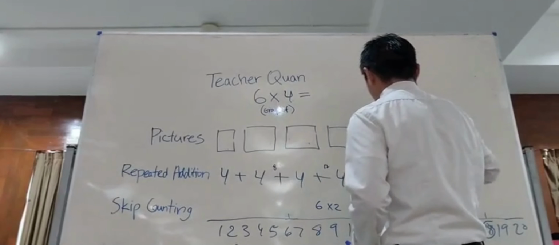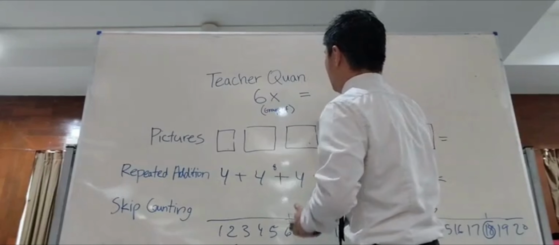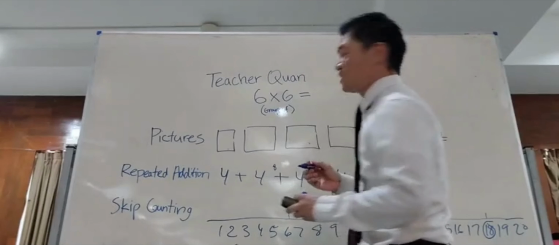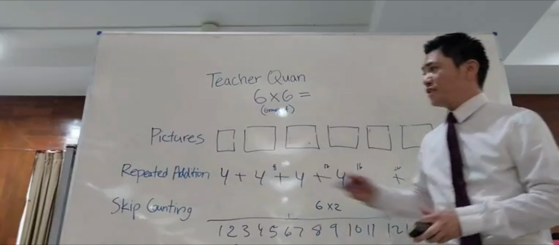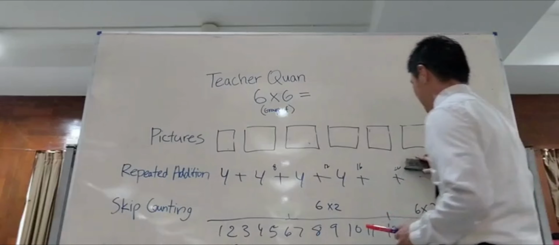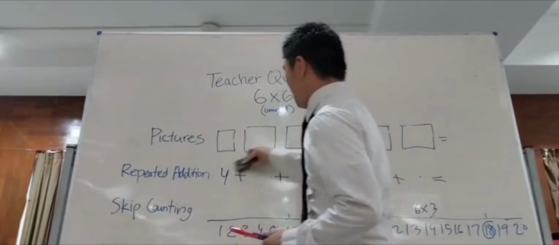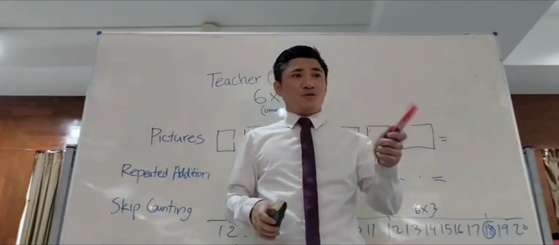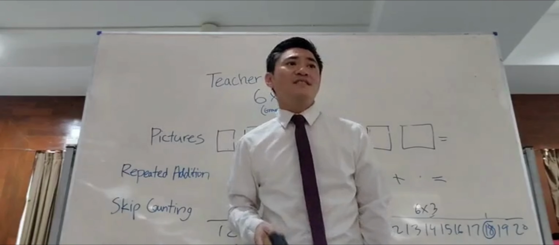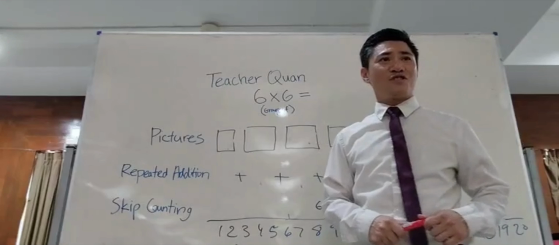I would like you all to solve 6 times 6 using these 3 approaches, okay? I will walk around the room. I will see how you all are progressing. Go ahead, try to solve it. If you have any questions, just let me know.